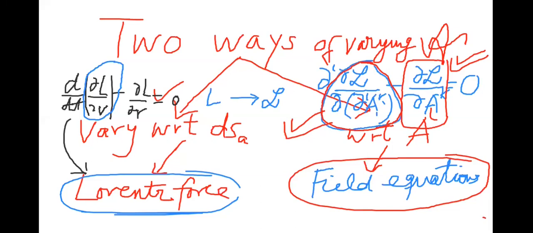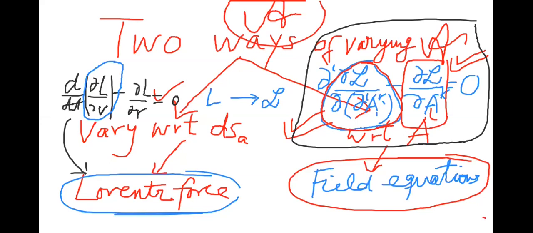So this A is the key quantity that we are after, and we take this question again of finding out this term, and you have to find the first term and then the second term. It is fairly easy because L which you use there contains the field terms as well as the source terms, so it will be a combination of the two, and then you can find it out.